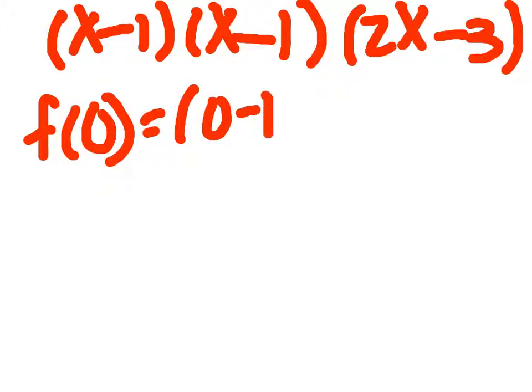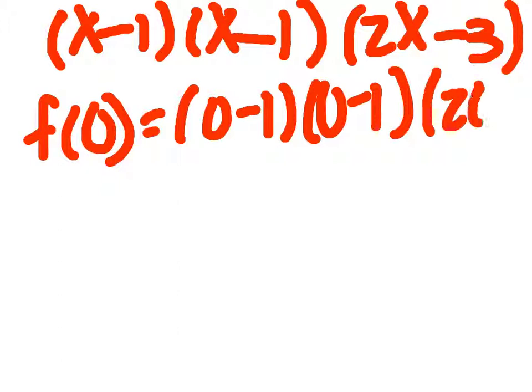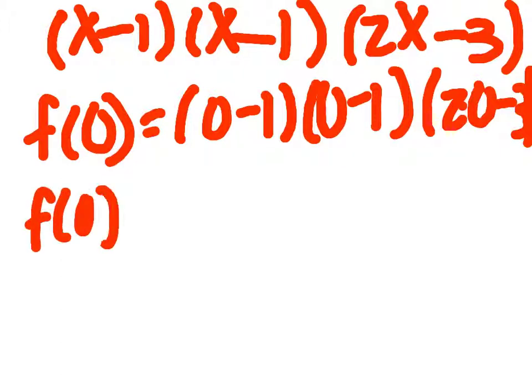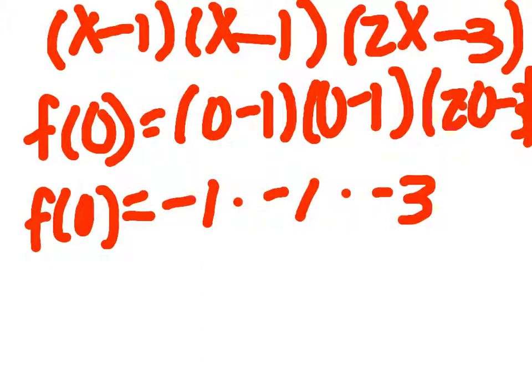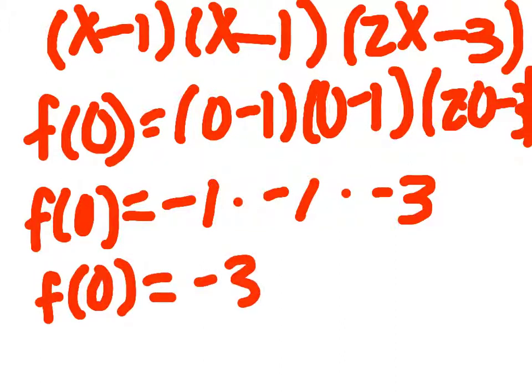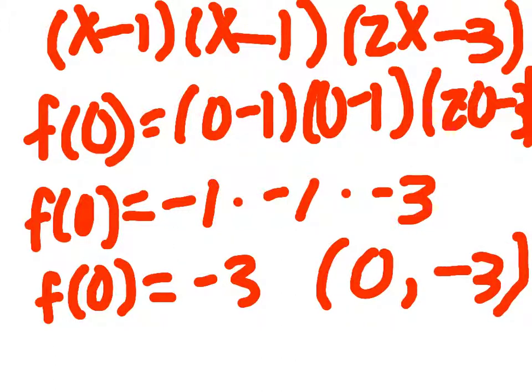So 0 minus 1, 0 minus 1, and 2 times 0 minus 3. That's negative 1 times negative 1 times negative 3. The negative ones cancel out to 1, so you end up getting negative 3. So the y-intercept is (0, -3), and you have to write it in coordinate point form.